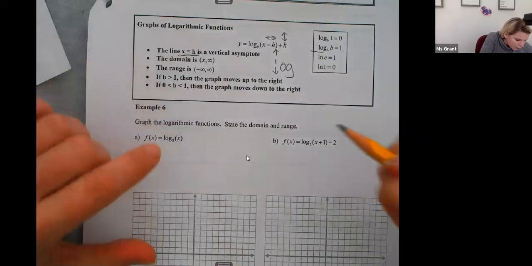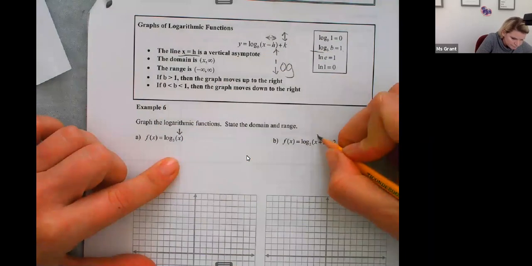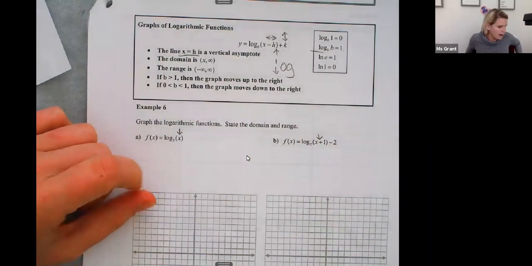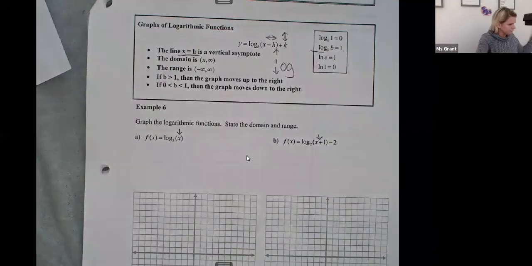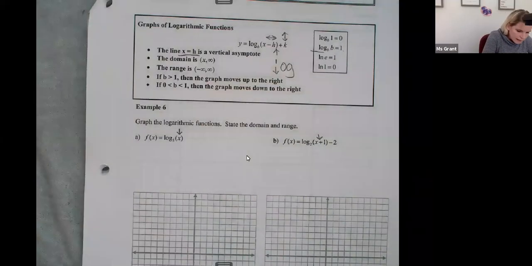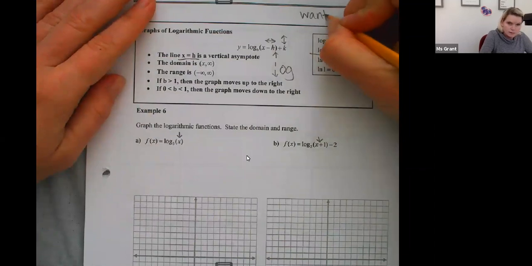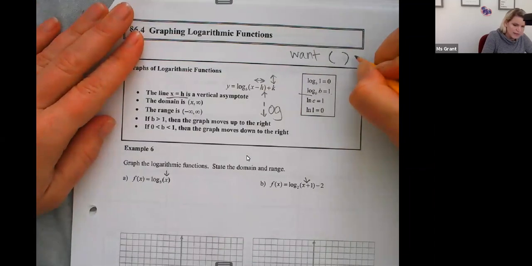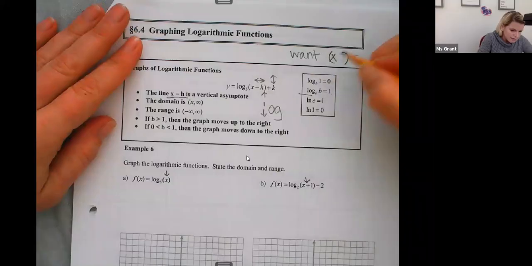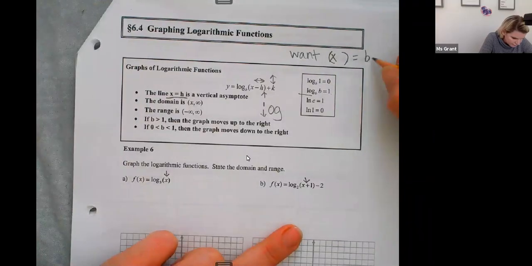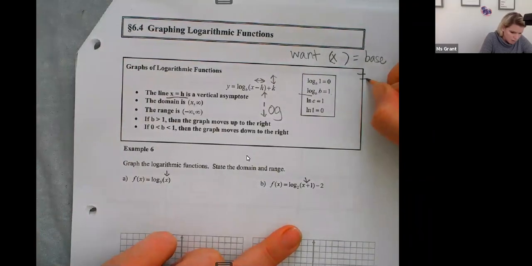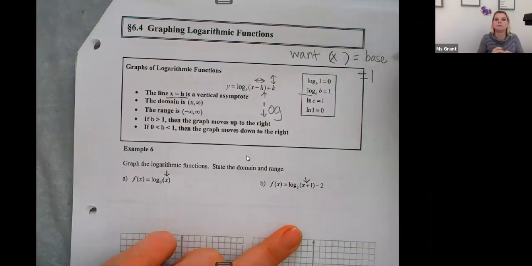I have to look at my parentheses to help me figure it out. Here's what that means: I want the parentheses that has the x in it to equal the base, and I also want it to equal 1.